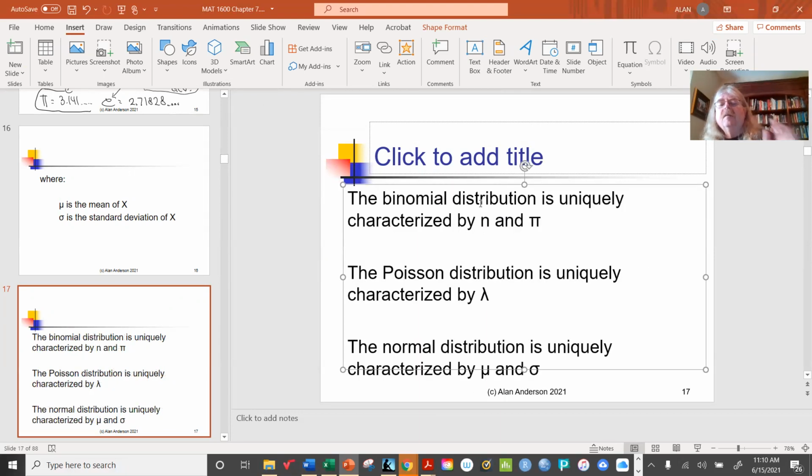So in other words, remember the graphs of the binomial distribution, we showed 3 of them. They all had the same n, but they had different pi's. Poisson, we had all different lambdas. So what I want you to see is how the normal curve is affected by the values of mu and sigma.